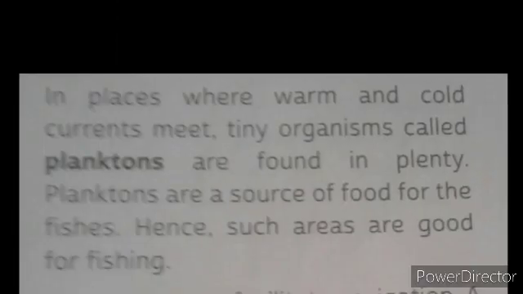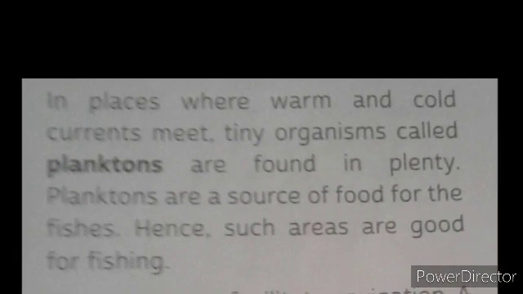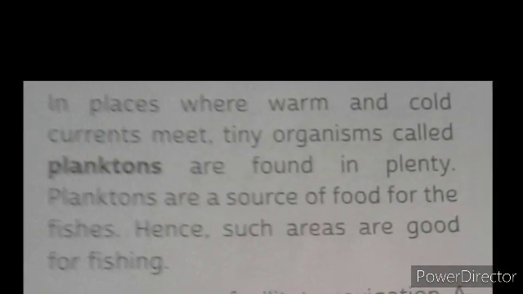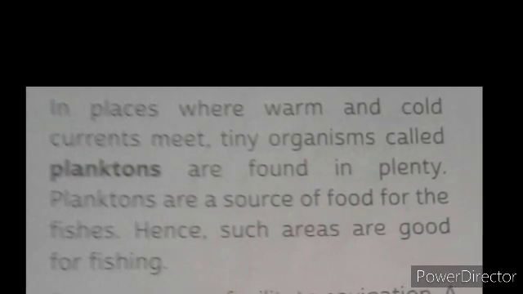When these warm and cold currents meet, they produce dense fog, and during the fog visibility is reduced. Because of this, accidents are caused. Planktons are tiny organisms. These are a source of food for the fishes.